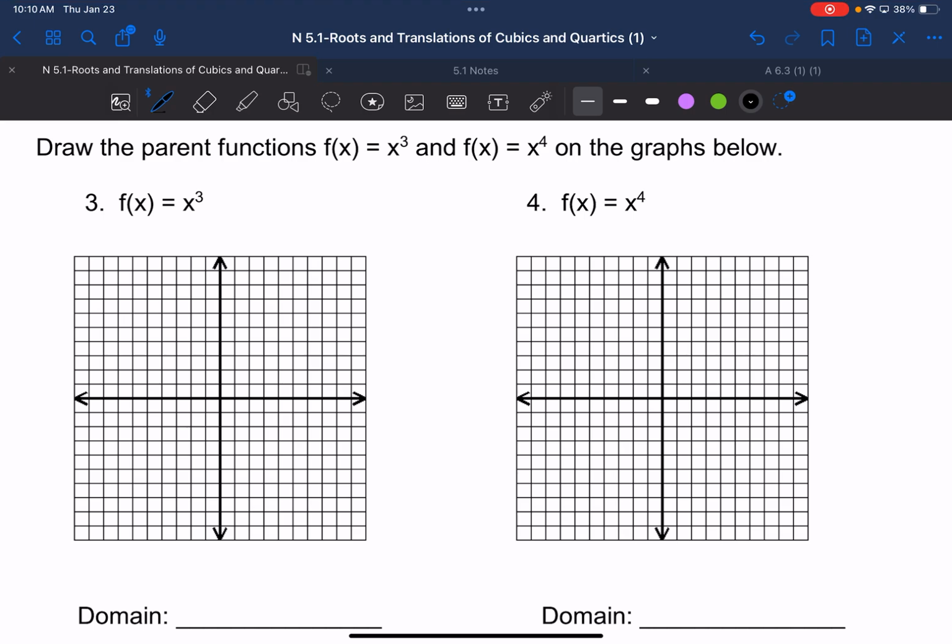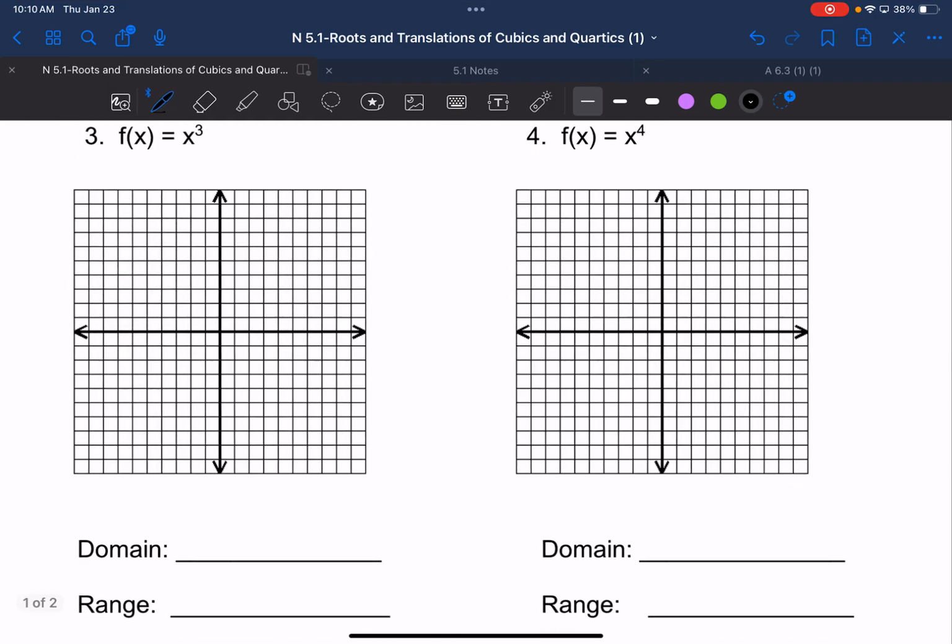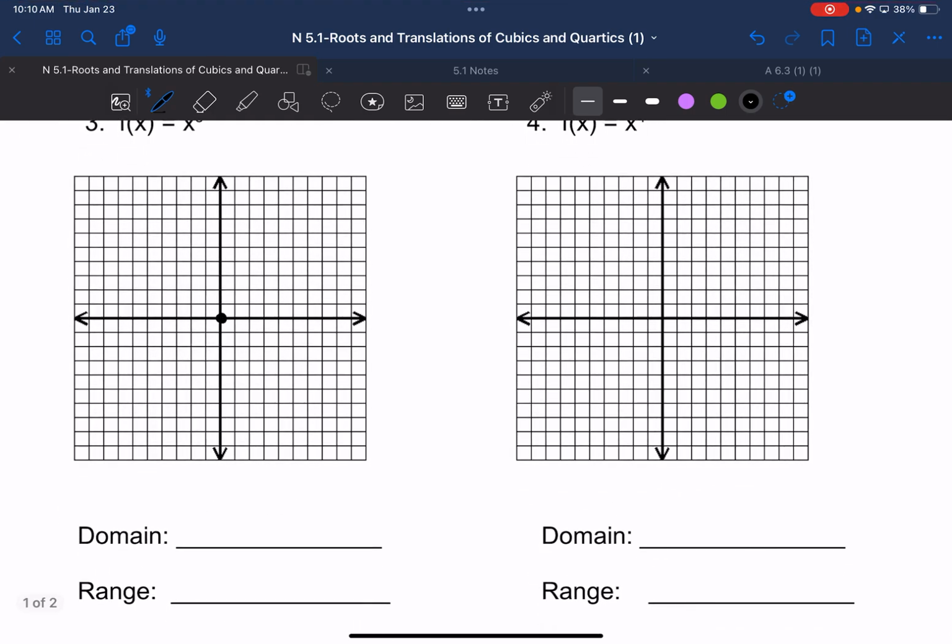So what's a point that you know for a fact is on the graph x cubed? 0, 0. Okay, perfect. So let's put that on here. What else we got? Any other points? 1, 1. And then -1, -1. Perfect.